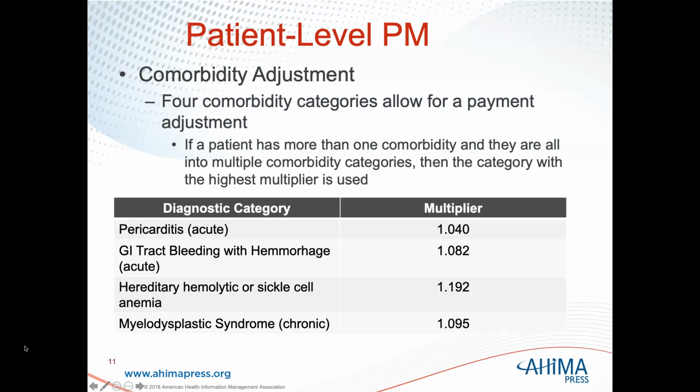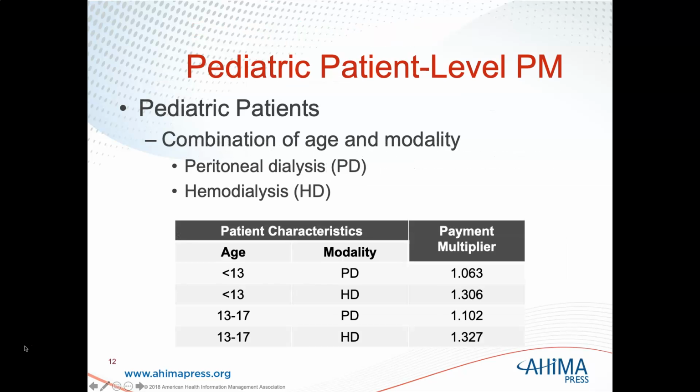These all have a multiplier. So for peds, they look at the combination of age and the modality of treatment that they're receiving, whether it's peritoneal dialysis or hemodialysis, and that goes into their payment multiplier.